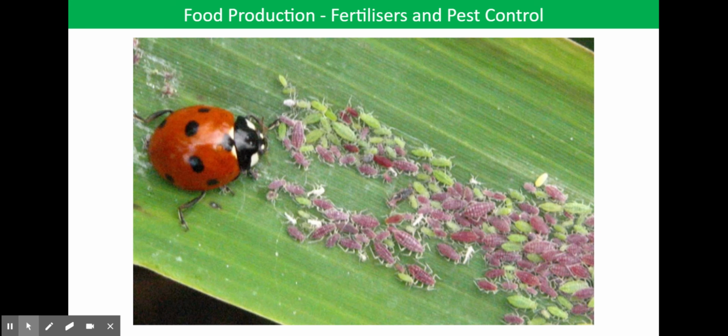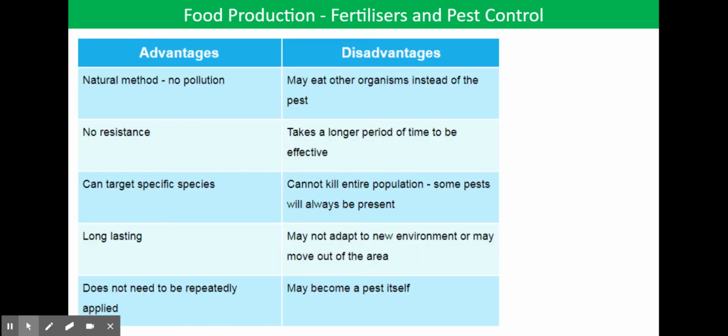They are based on a predator-prey cycle, so they don't completely remove the pest, but will keep it at lower levels. Again, there's a range of advantages and disadvantages of using biological control methods, and these are summarised in the table on the slide in front of you.